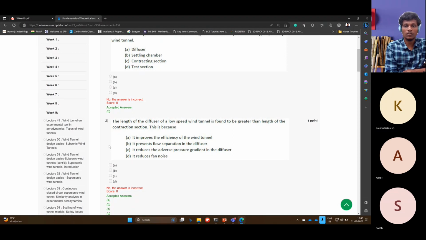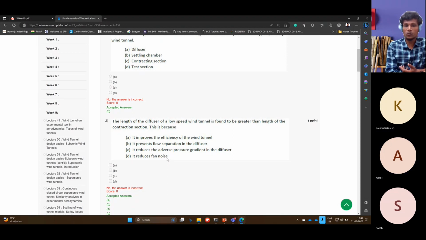The divergence length. The best way that we can explain, maybe it comes with your experience of analyzing. If you are putting a very long length and a very short length, you will hear the difference in how much fan noise there is. But this option also looks correct to me, like how to explain it in a theoretical way. So I missed that option D.